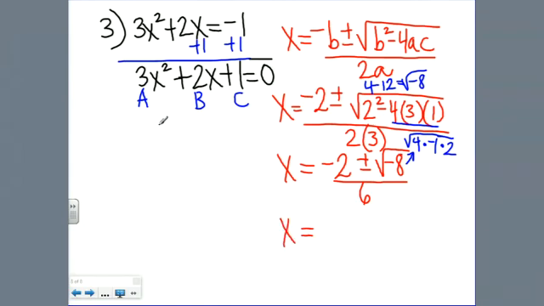Because we know the square root of 4 is equal to 2, the square root of negative 1 is defined to be i for imaginary, and a 2 stays inside the radical, and that's all over 6.